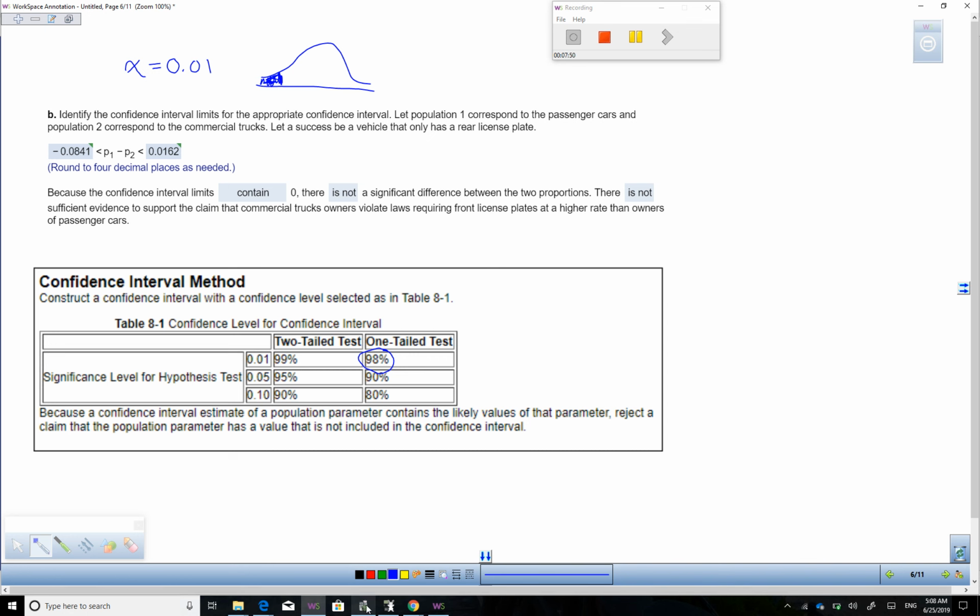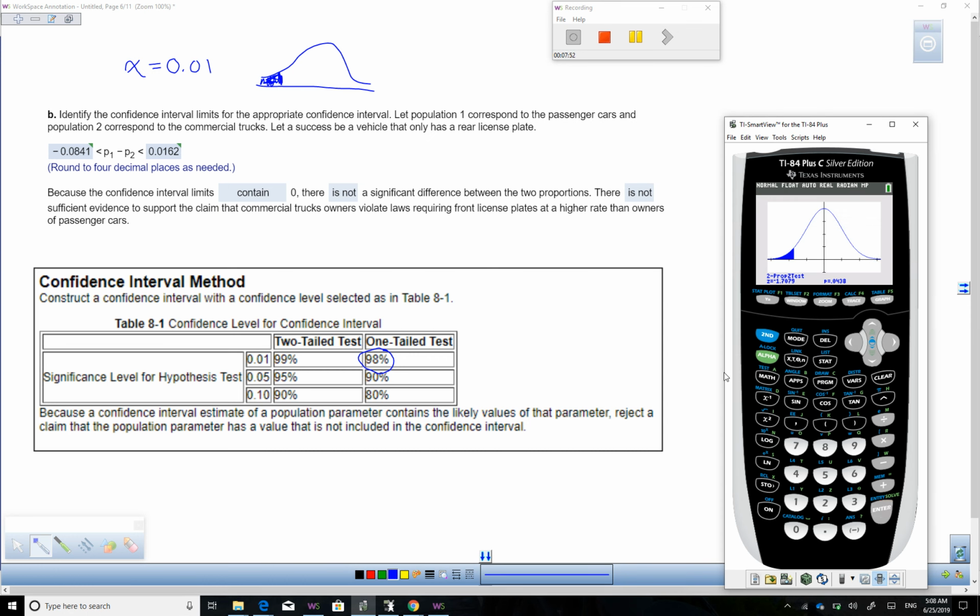So I open my calculator, and let's go to stat and test. Move to the right, and we need to look for the one that says, I think it's number 10. Let me scroll down and find the option for the confidence interval.